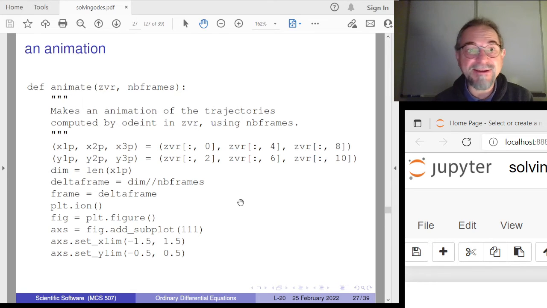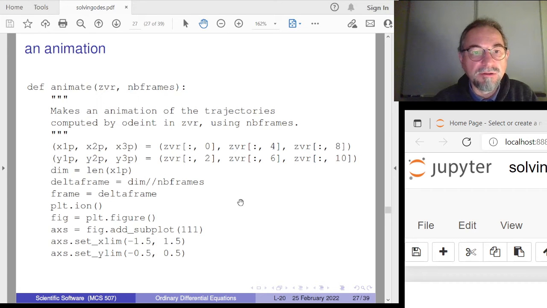Alright, an animation. We have essentially one parameter, and the parameter is actually the time span. So when we have solved our trajectories, we can start animating them.